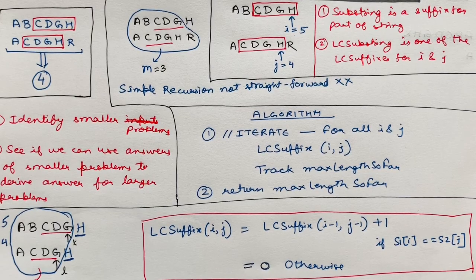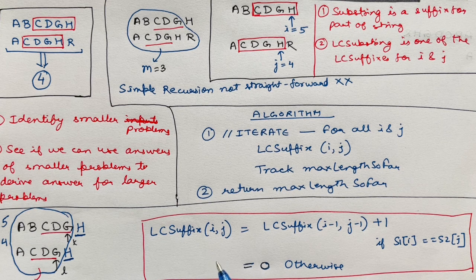So when we say longest common suffix for i, j where both are zeros, that means we are taking into consideration only the first characters of both the strings and then trying to calculate the longest common suffix. But here we won't be able to consider the case where one of the strings is empty. For that we will have to handle things separately.